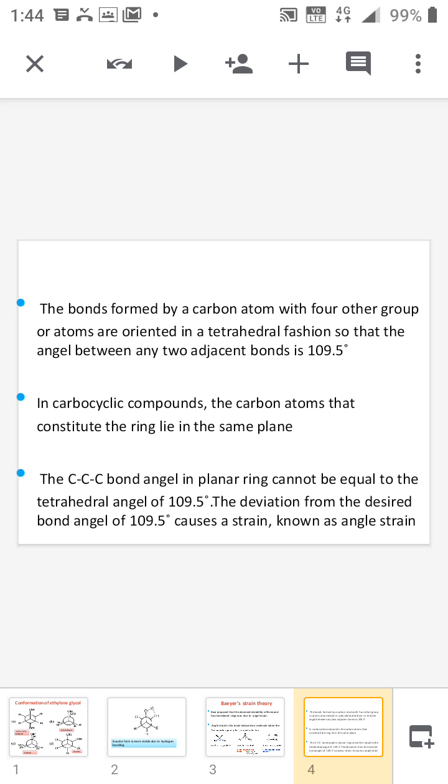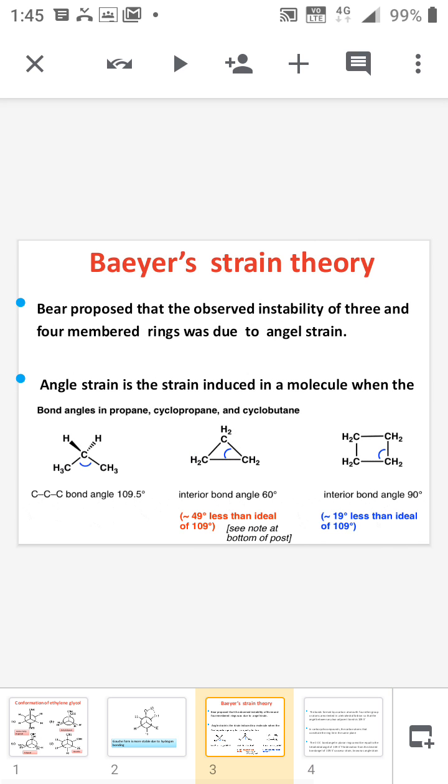Okay. The second point, in carbocyclic compounds, the carbon atoms that constitute the ring lie in the same plane. In cyclopropane we know that the three carbon atoms exist in a single plane. In cyclobutane also all the four carbon atoms exist in a single plane.